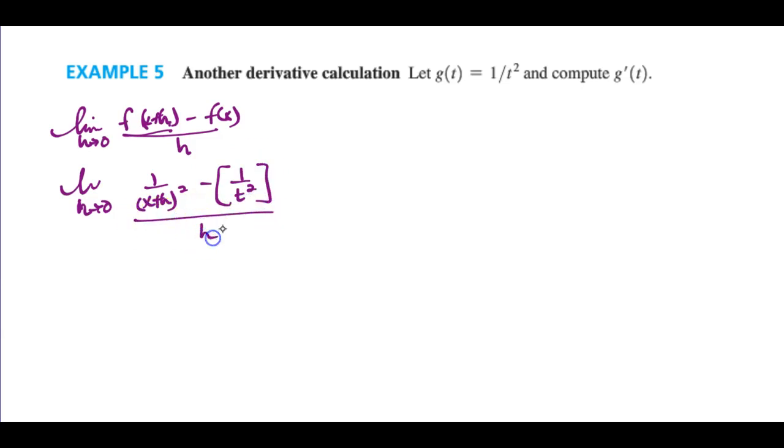All divided by h. Last problem, the concept was simplifying the conjugate. In this one, I think we're just going to have to subtract by finding common denominators. So up top, I've got a denominator of (x plus h) quantity squared, and I'm going to multiply that by t squared. This one, top and bottom, gets multiplied by t squared, and I bring over a t squared.